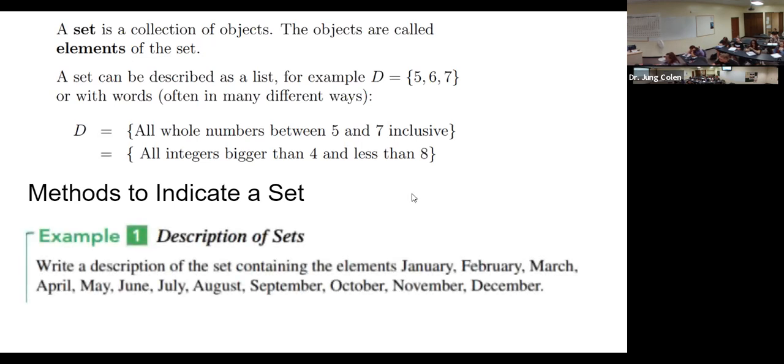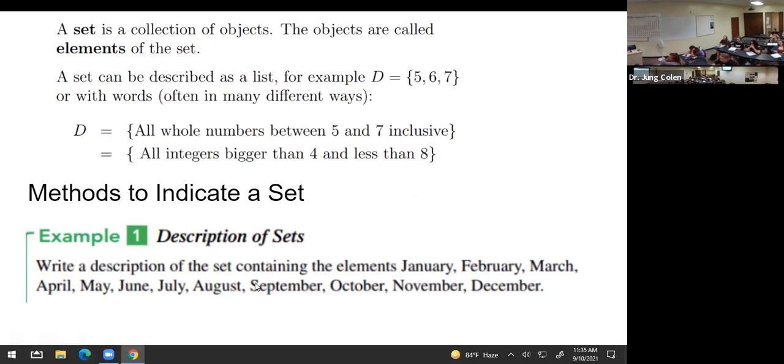So for the description of sets, you can just describe what it means. For example, can we describe a set containing the elements January, February, March, April, May, June, July, August, September, October, November, and December? These are the elements.